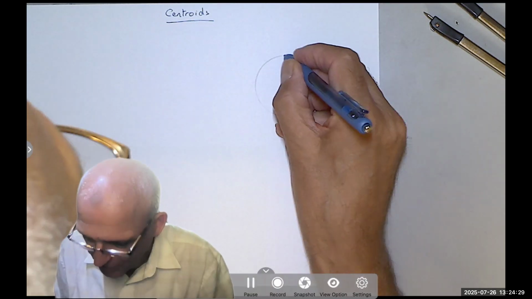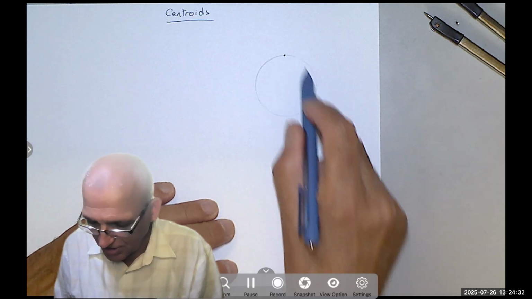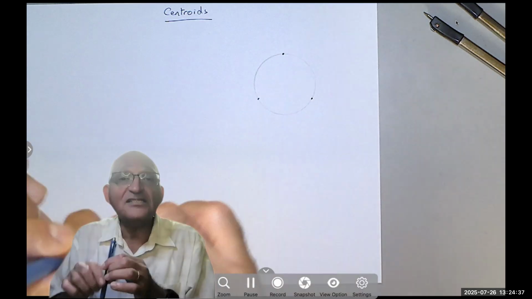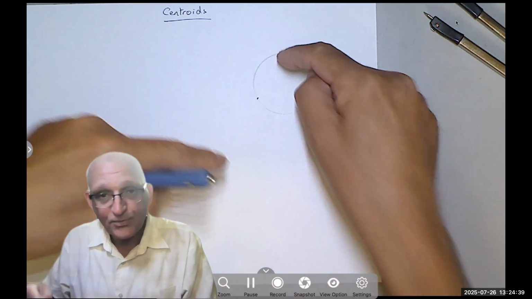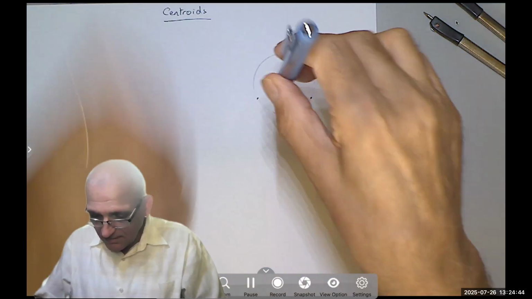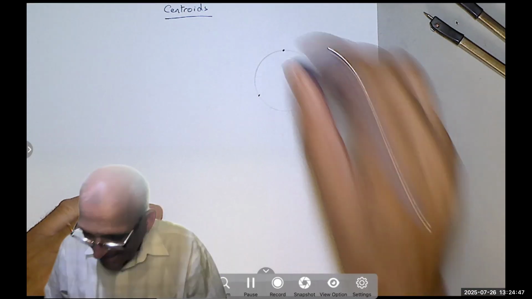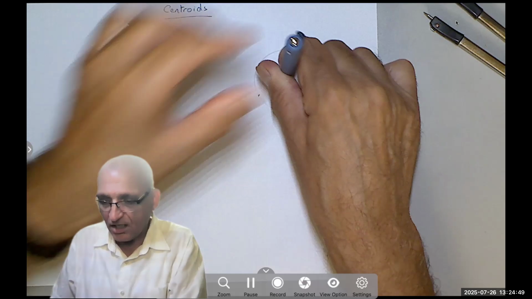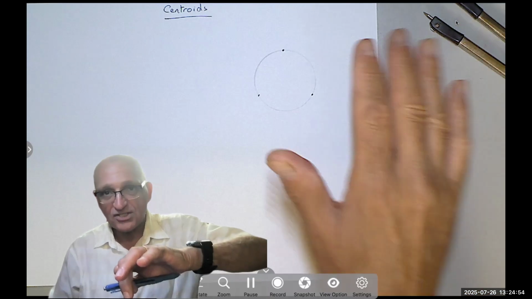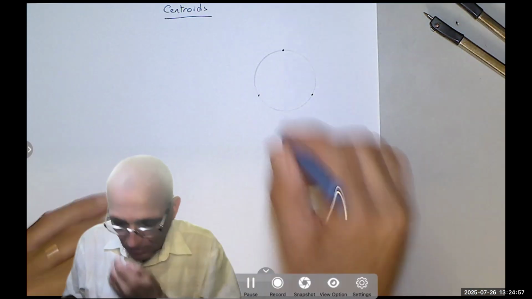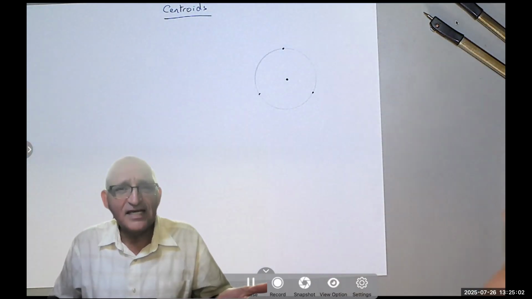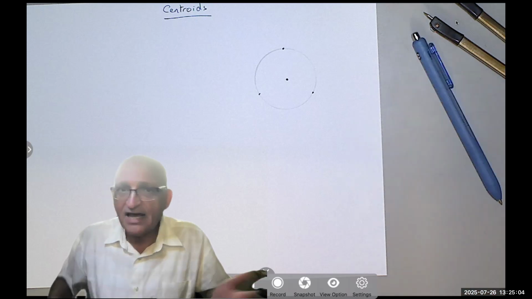You will use, say, a point here, and then you turn 120 degrees and another 120 degrees in such a way that these 3 cables or 3 ropes meet at a point, and that point would be exactly over the center of the circle. If it's not exactly on the center, you will see that the lighting fixture is turning one way or another. So at the end of the day, for a circle, of course, we know the center is the centroid. We don't have to worry about that.